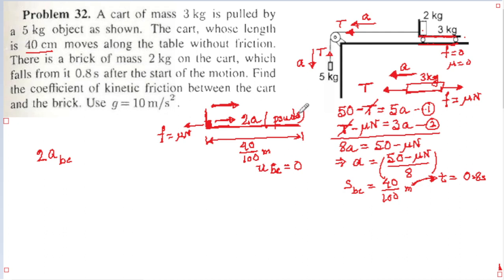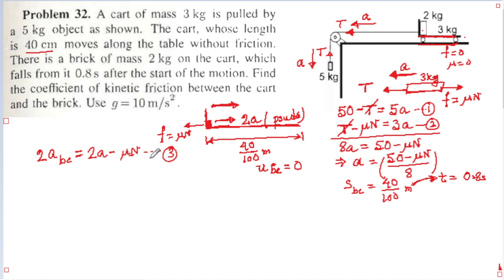Therefore we can write the mass of the brick, which is 2, into the acceleration of the brick in the reference frame of the cart, a_bc, equal to the pseudo force, which is 2a, minus the opposing force, which is mu n. Let this be our equation number 3.